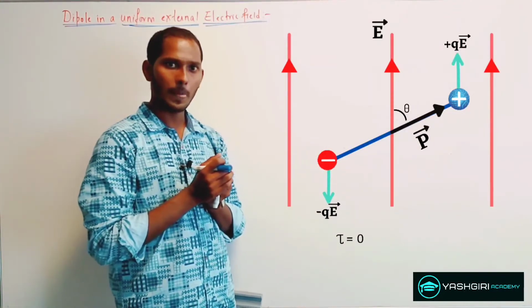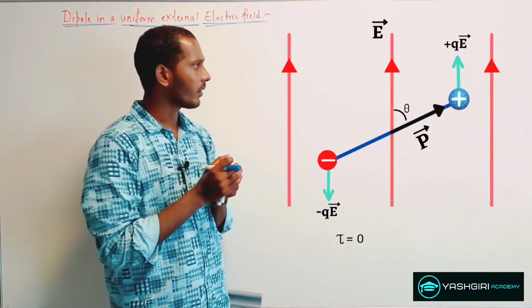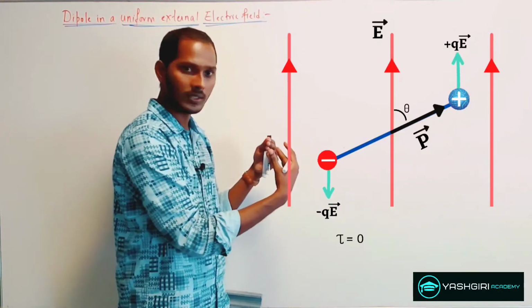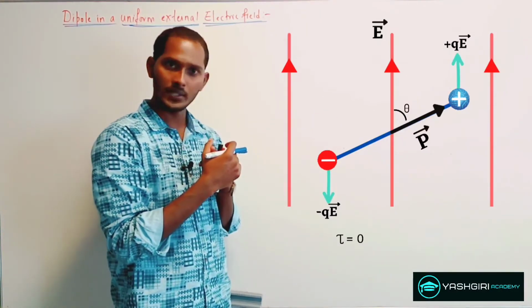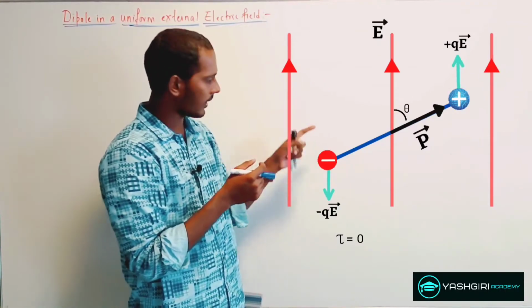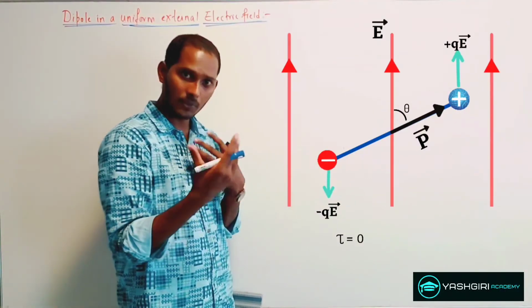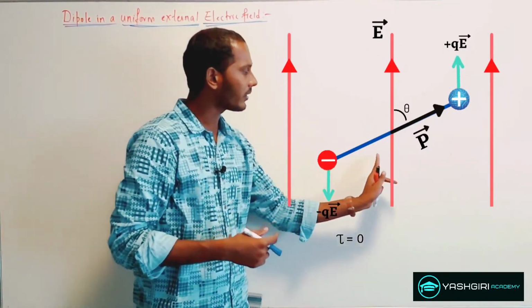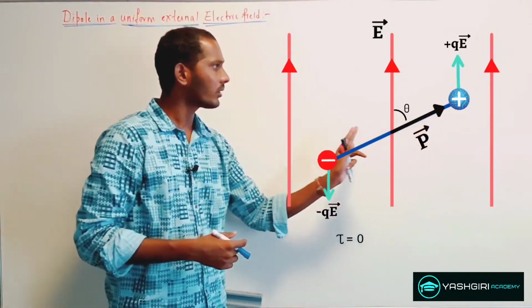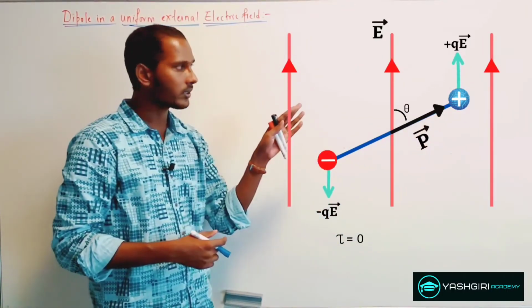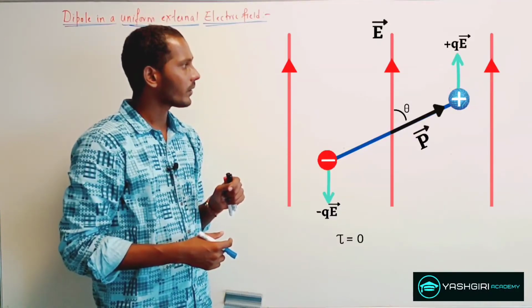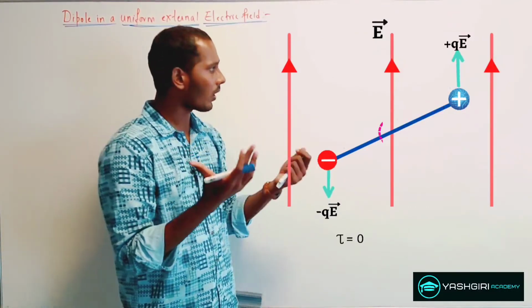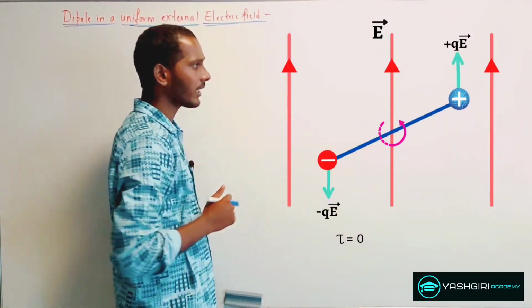Now if you see the net force on the charges Q and minus Q, the net force on this electric dipole is exactly 0, because one is pointing upward and the other is pointing downward. But both the charges are separated by some distance, so the force acts on different points of this dipole. So here the torque comes into the picture, and the torque is going to act on the dipole.